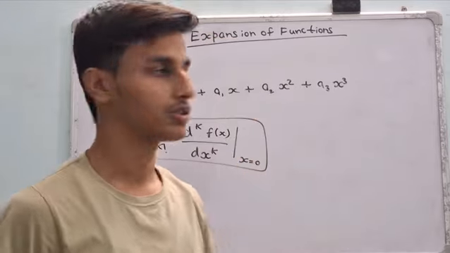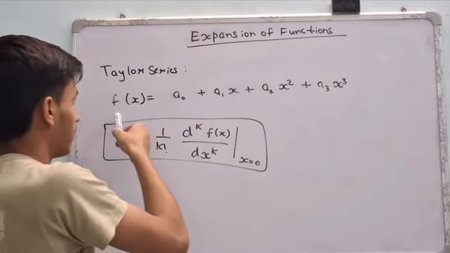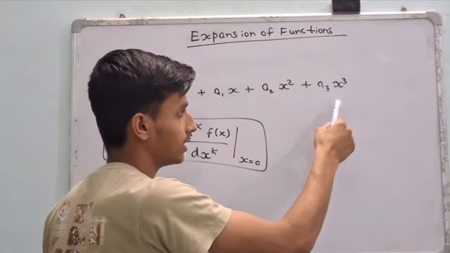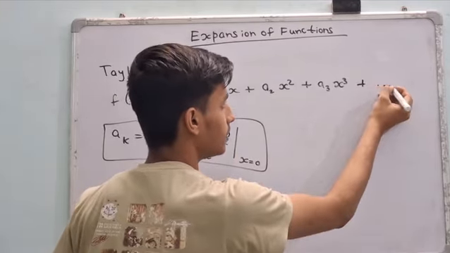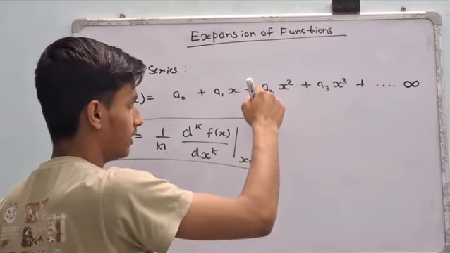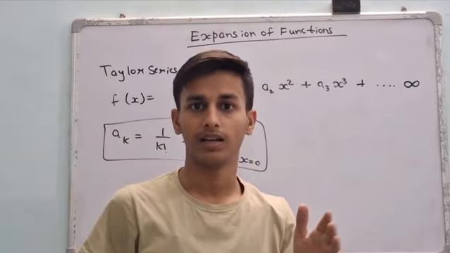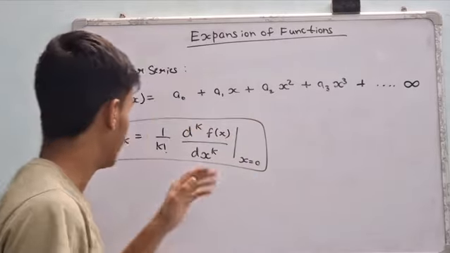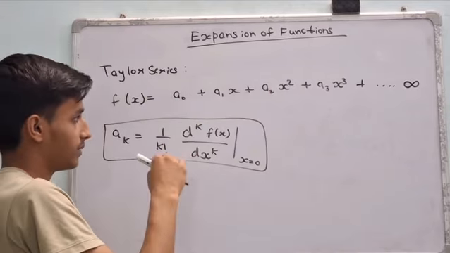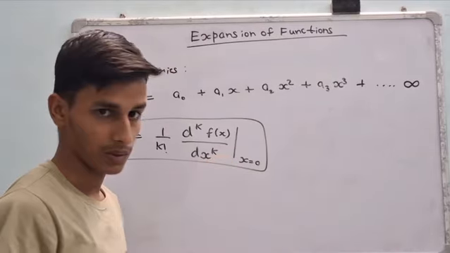So let's say we have a function f of x. According to this Taylor series, we can expand this f of x as a0 plus a1x plus a2x square plus a3x cube until infinity. So what are a0, a1, a2, and more specifically the ak coefficient? The ak coefficient is defined as 1 over k factorial times the kth derivative of the function at x equals 0.